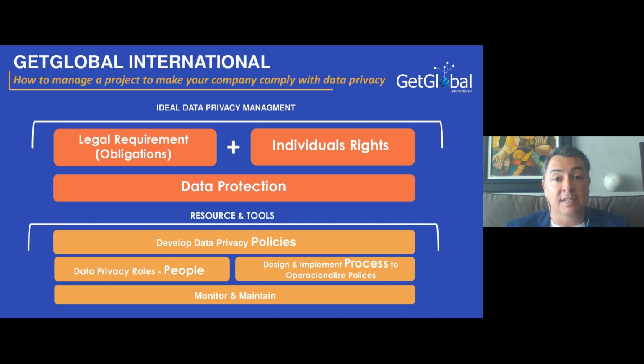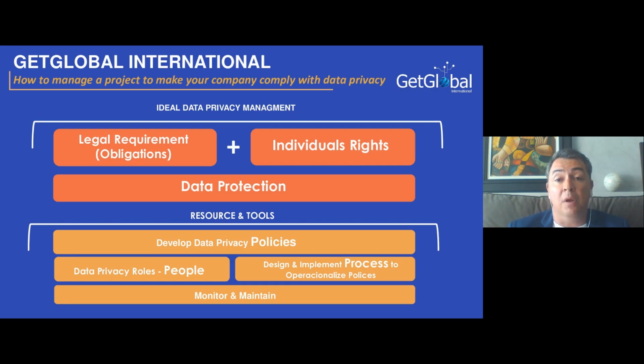For example, under the GDPR, we need to point out who is going to be our DPO, our data protection officer. We need to describe the DPO's role and responsibility, and if the DPO is going to have a team, what this team will be responsible for.